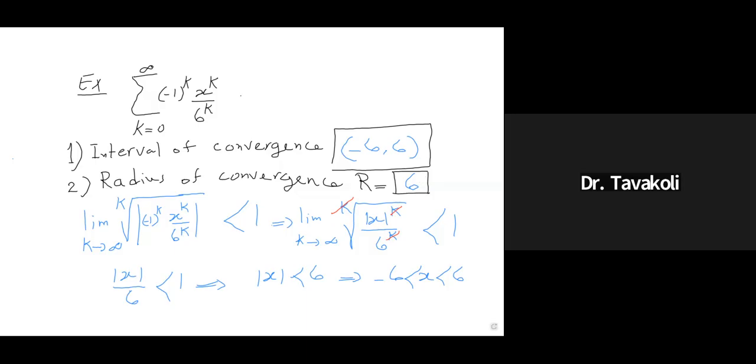Let's see another example. The next example is a little bit tricky. I have the sum of 5k x^k. In the previous example, we didn't have this situation where we have a factor of k multiplied by x.